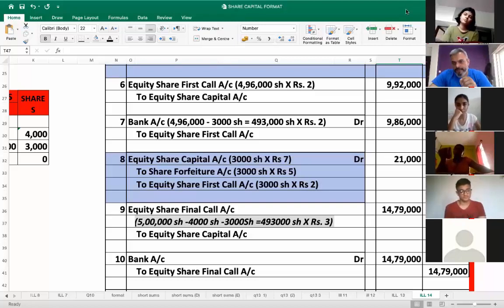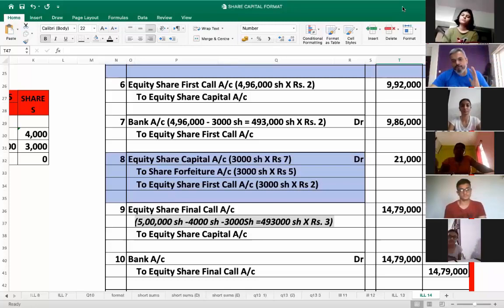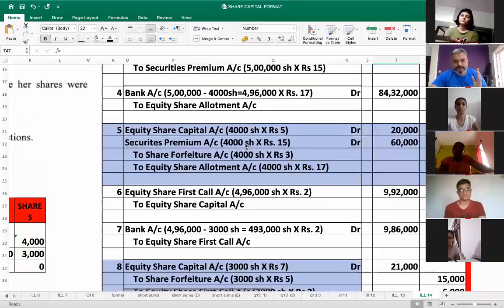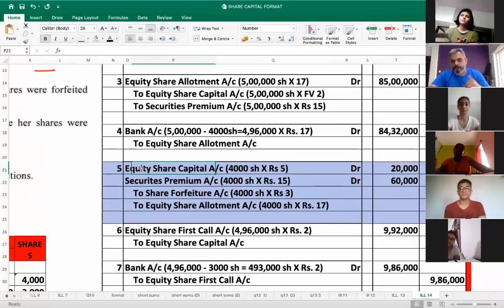Here you have to be careful when you forfeit the share. When you write equity share capital account debit, at that time you have to see how much amount of capital we have called so far, or with how much amount per share have we raised the capital. So to that extent we have to reverse. Here if you write equity share capital account 4000 into 10, it will go wrong because the capital was not raised by 10.